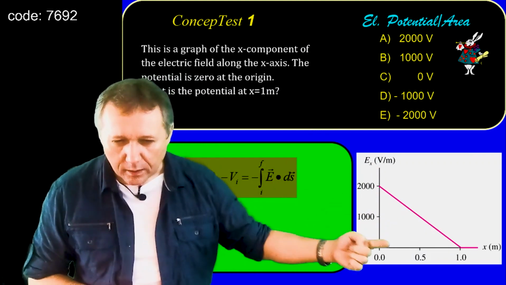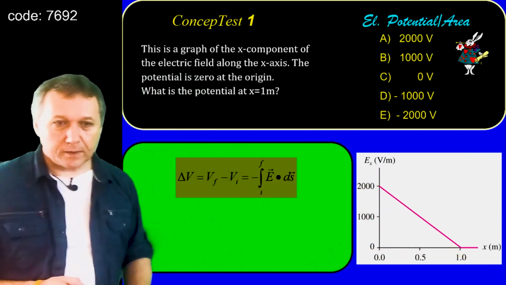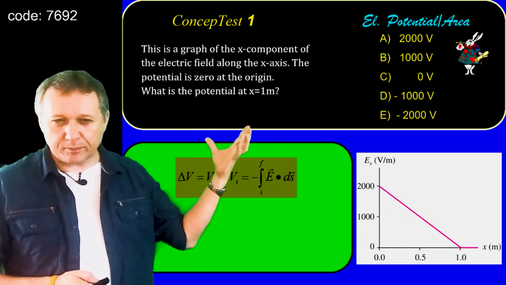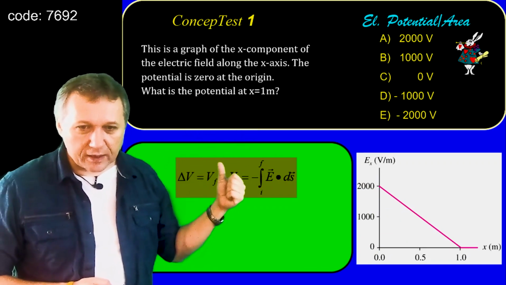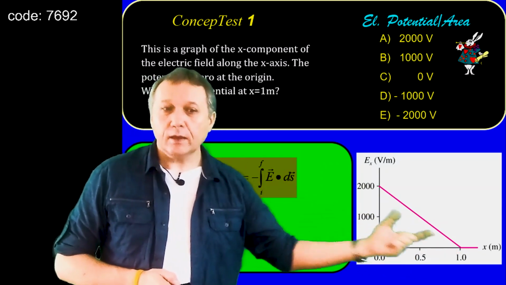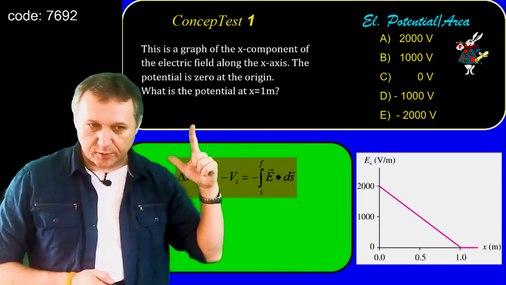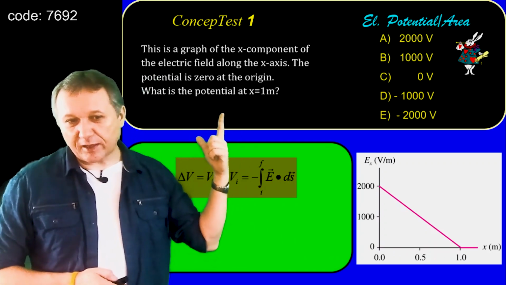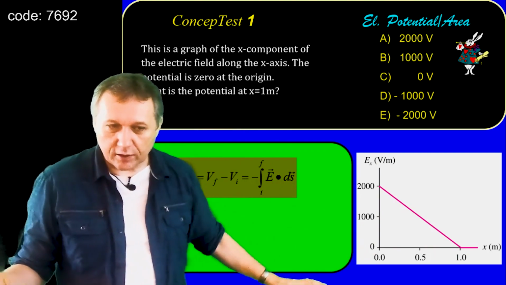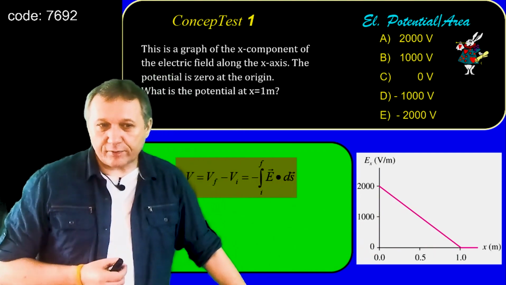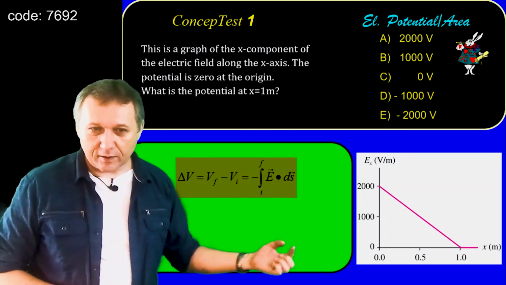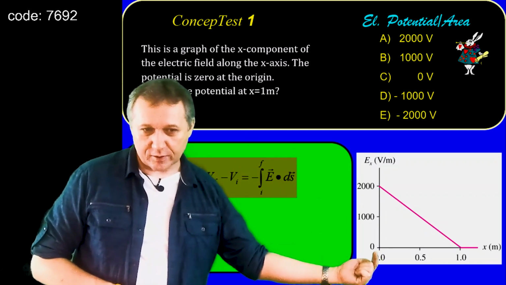X in meters. And the question is, what's the value of the electric potential at point 1, assuming that the electric potential is 0 at the origin? Since we have freedom to take any point as the reference point, this problem tells us to assume that this is the reference point.